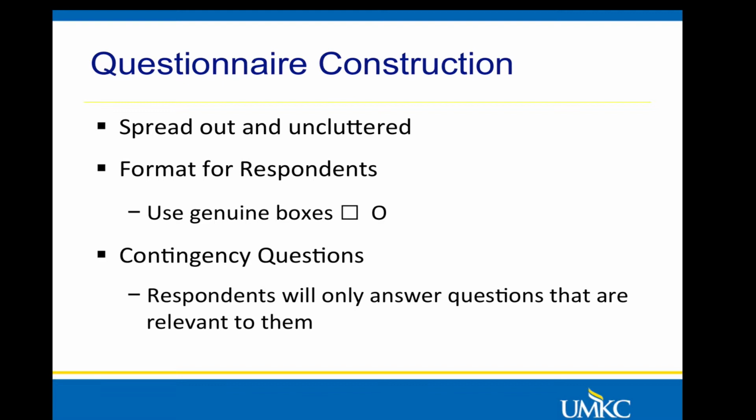We want our research instruments to be orderly, with enough space that participants will be able to differentiate between different questions. Further, when we ask someone to place a check in the box, we need to put a box there for them to check, and not simply rely on them to put a check on the item number or letter. When we say box, use a box, not a circle.